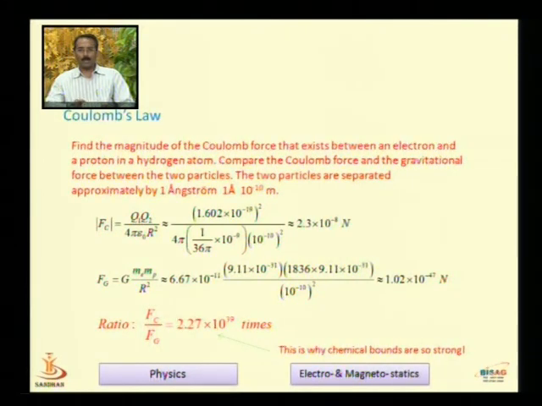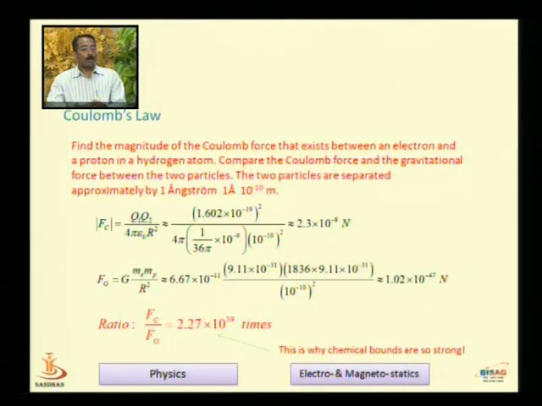The mass of electron is 9.11 into 10 to the power minus 31 kg. And we know that the proton is heavier than the electron, approximately 1836 times heavier.